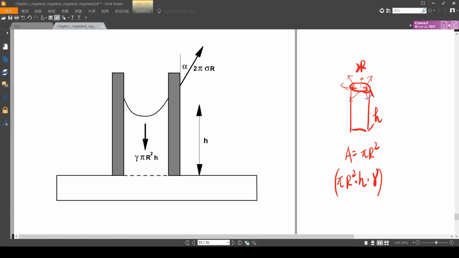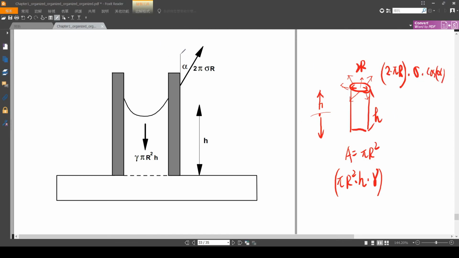Okay. Therefore, we multiply by the perimeter of the tube, which is equal to 2 times pi times r. Okay, this is the perimeter of the tube, and then times the surface tension, and because the force balance must be at the same location, we multiply by cosine alpha here.